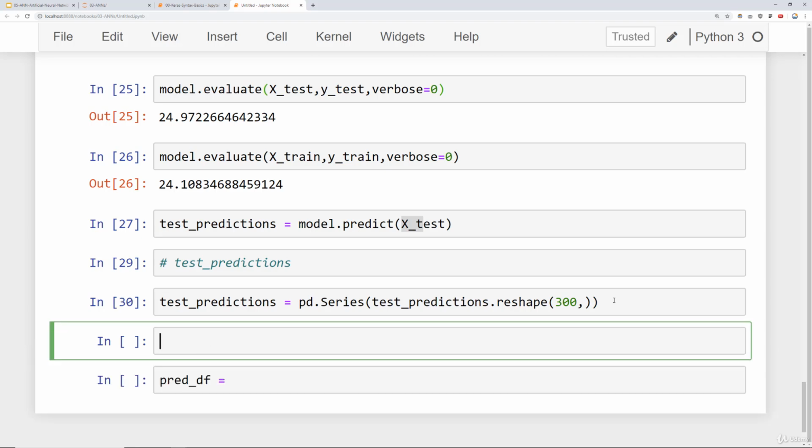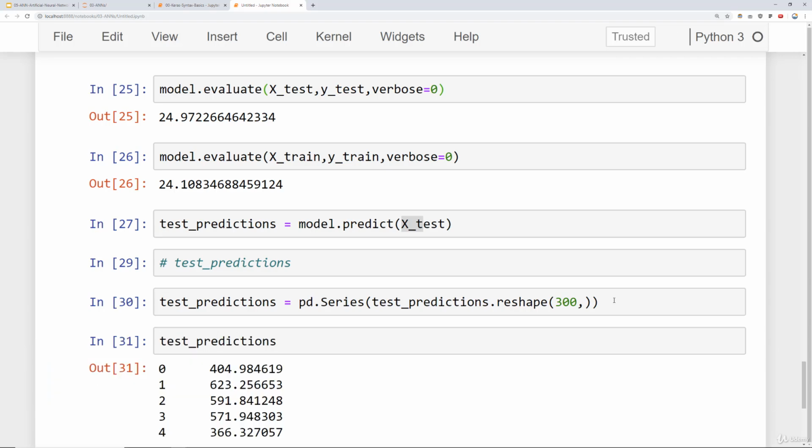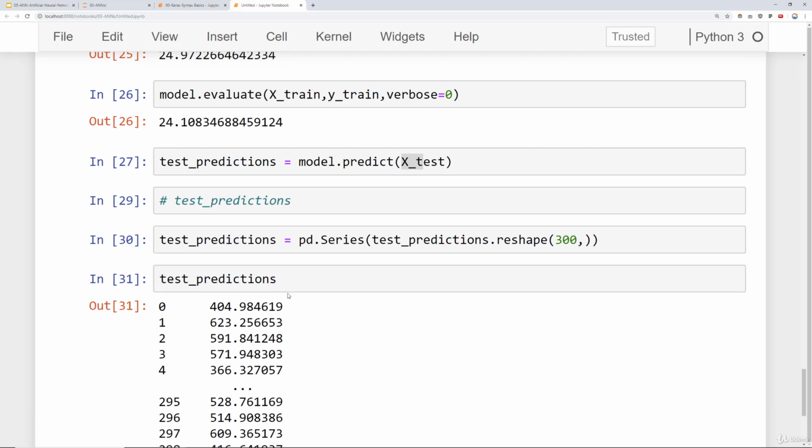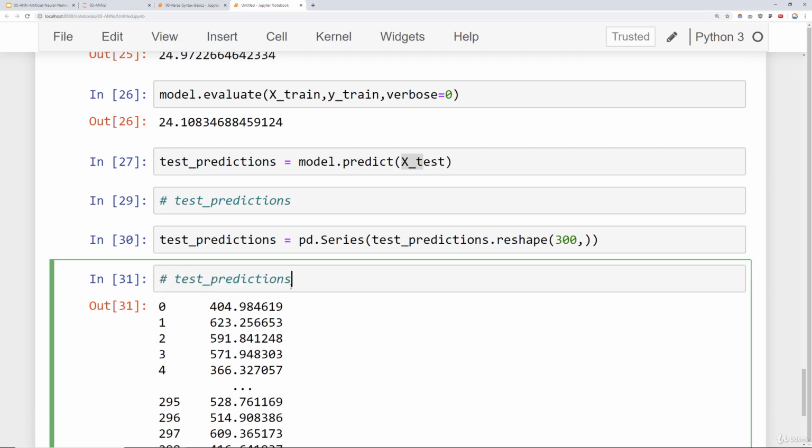So essentially, after running this, I still have those same test predictions, but it's a pandas series now instead of a numpy array, which will allow me to do the following.